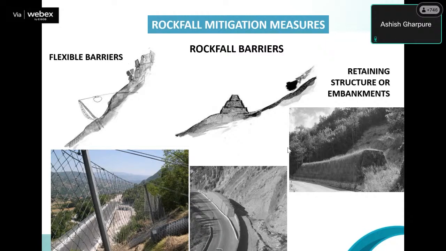Similarly, flexible barriers are good to absorb the energy since they can deflect a lot, so they can absorb a lot of kinetic energy of moving rock. However, remember deflection is large, so don't place them very close to the road, because otherwise the deflection would come right up to the road as well.